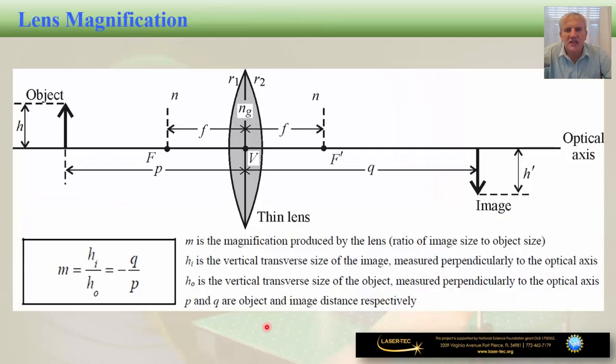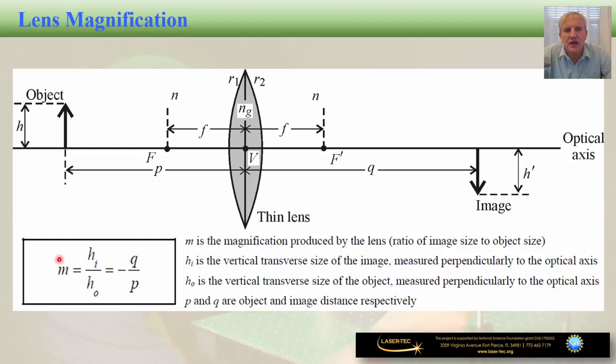We can also calculate the size of the image formed by the lens. The formula for the magnification is shown here. It's identical to the formula used for the mirrors. So we can figure out the magnification by taking the negative of the ratio of q and p, where q and p represent the distances of the image and object respectively. And the rule for the magnification is the same for the lens as it was for the mirrors.